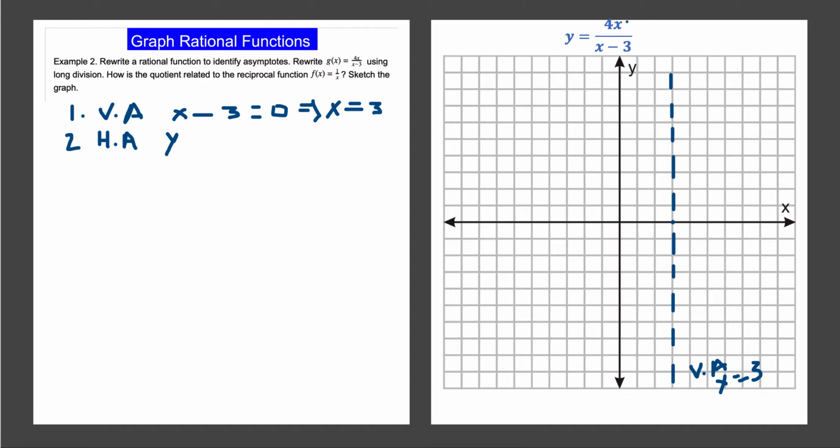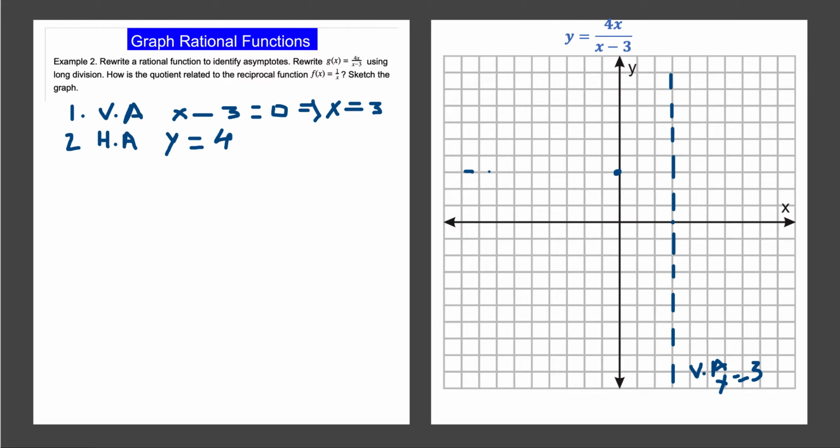The numerator has a 4, the denominator has 1, so 4 divided by 1 is 4. The asymptote is 4. If the degree of the numerator is higher than the degree of the denominator, there is no horizontal asymptote. If the degree of the numerator is less than the degree of the denominator, the horizontal asymptote is y equals 0. Those are the rules, and here, because of the 4, I already found the horizontal asymptote.